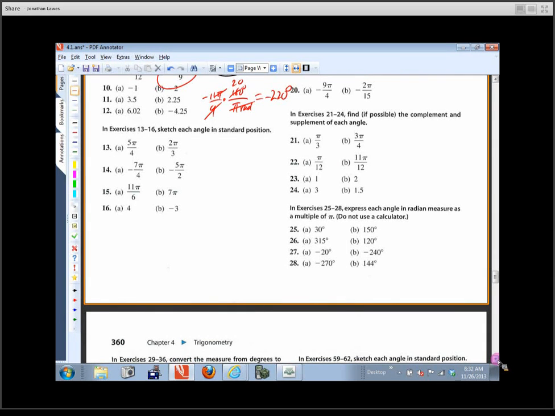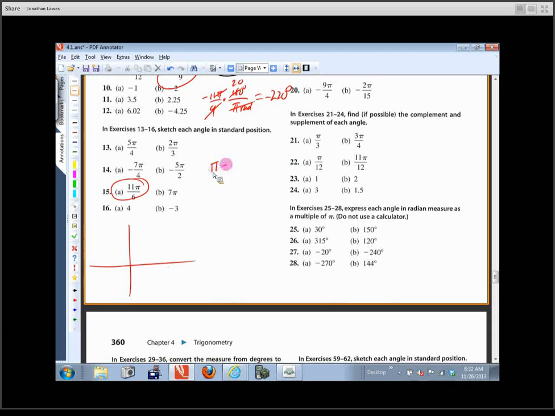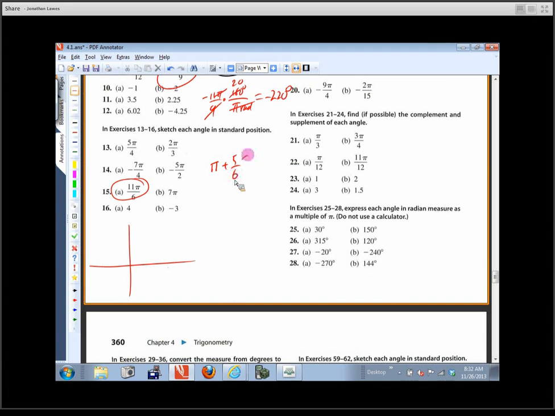There's not a lot of work here other than the mental work that goes into, my gosh, how do I draw that? Because it just says sketch the angle in standard position. So let's do this one right here. In standard position, I need 11 pi 6. So again, if you have to, this goes in here once, and then 5 left over.